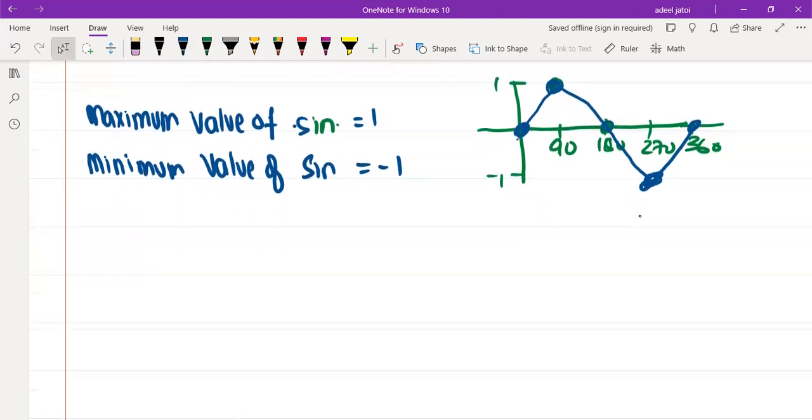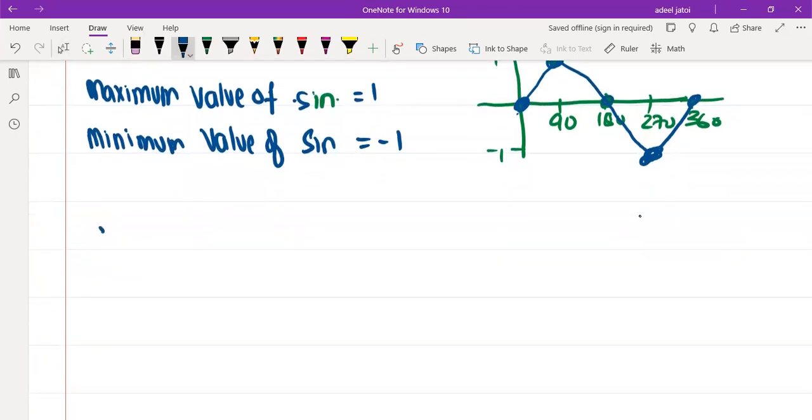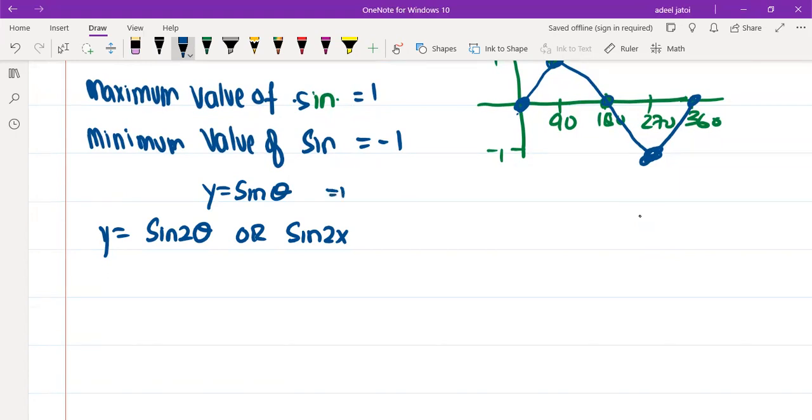So let's work upon cycles first. Let's say the question says sine 2 theta, or it says sine 2x. This sine graph has only one cycle, but the 2 before the theta tells me what?